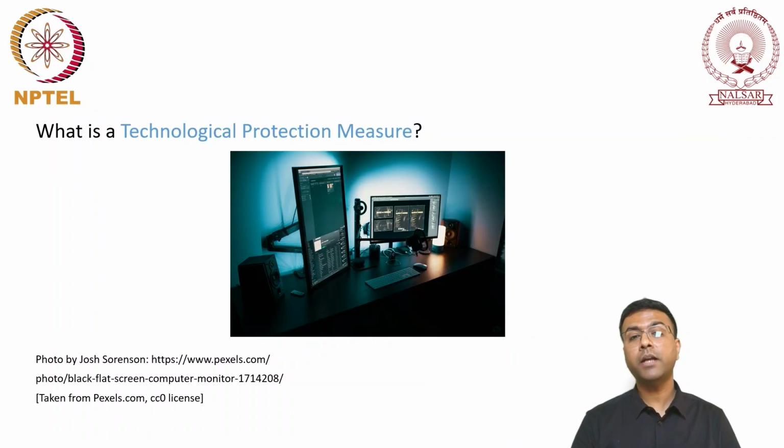Now, what is a technological protection measure? Right holders engage in simple and very complex technological protection measures with respect to their works that are available digitally. These measures, for example, could be the scrambling of words in a passage when it is copied from a source, for example.